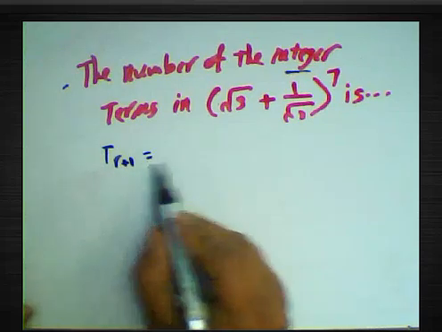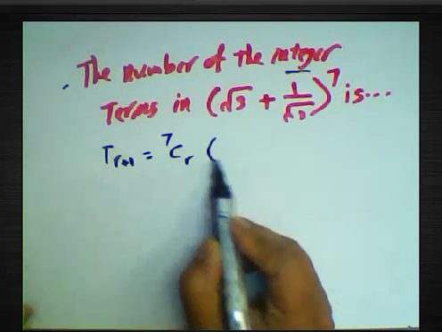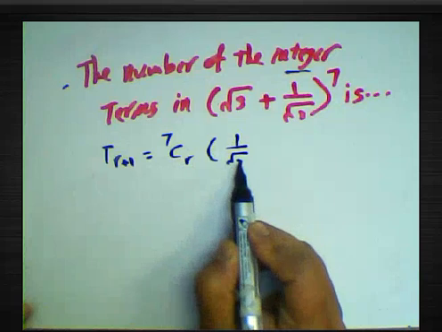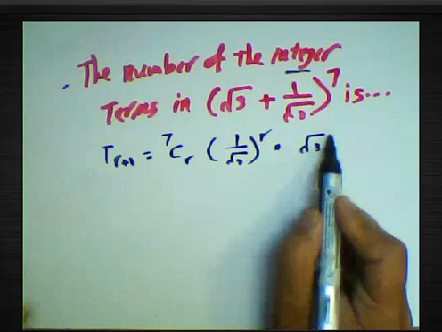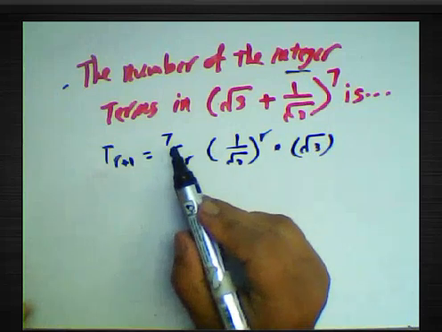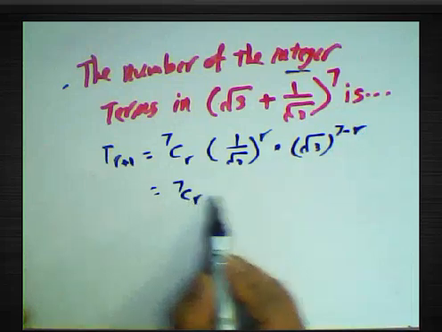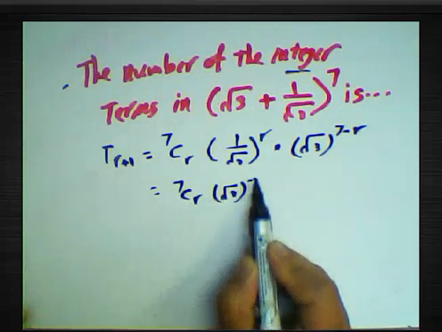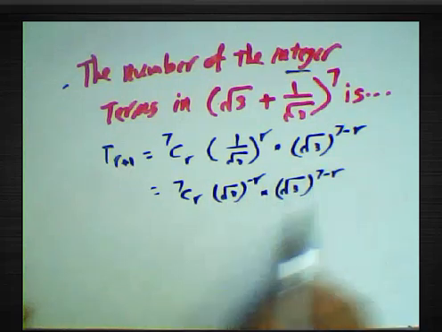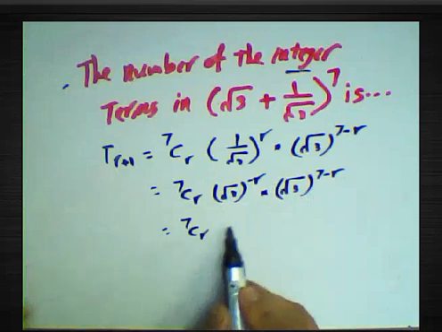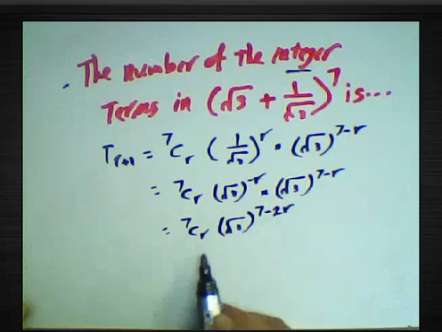T(R plus 1) equals 7 combination R, the second term 1 over root 3 power R, multiplied by the first term to the power of the difference between 7 and R. And you can simplify it: 7 combination R, root 3 power negative R, multiplied by root 3 all power 7 minus R, equals 7 combination R, root 3 power 7 subtract 2R.